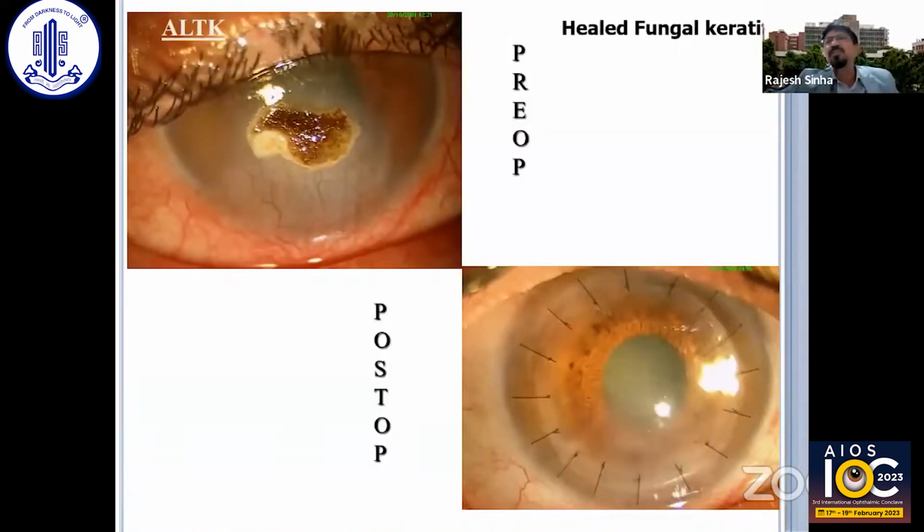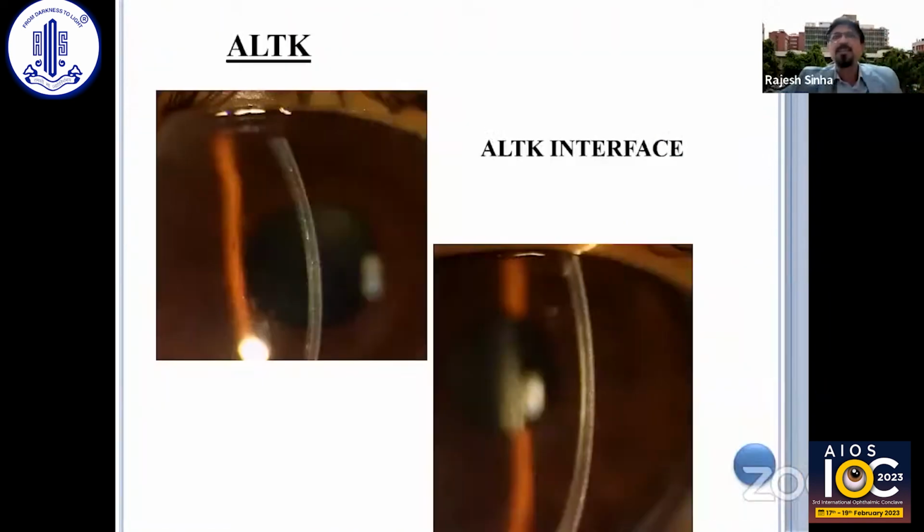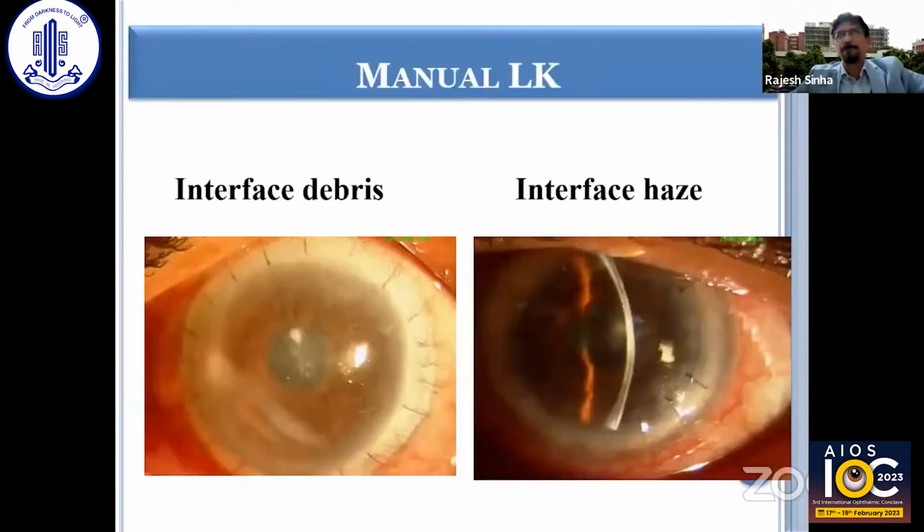Scar, wherein you can reduce the density of the scar. A healed keratitis, again, you reduce. The idea is that you reduce the bulk and the density of the scar, so that the scar becomes faint or goes away completely, and then you can place another lenticule created by the microkeratome. That's how you get a very smooth interface, and the visual quantity and quality is much better.